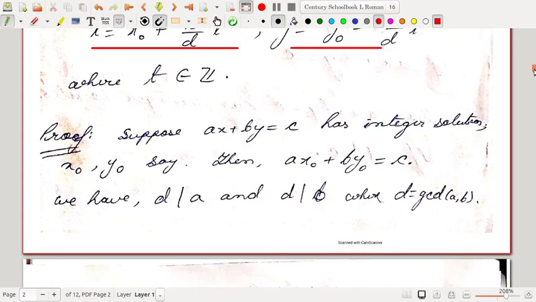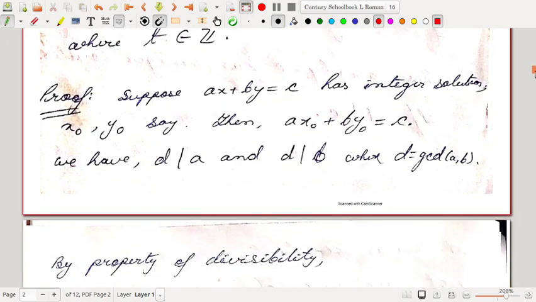Let us see the first part. The first part is the criterion for existence of solution. Suppose that ax plus by equal to c has an integer solution, say x0 and y0. Then ax0 plus by0 is c. If d is the GCD, then d divides a and d divides b, since the greatest common divisor of two integers is a common divisor and divides both the integers.